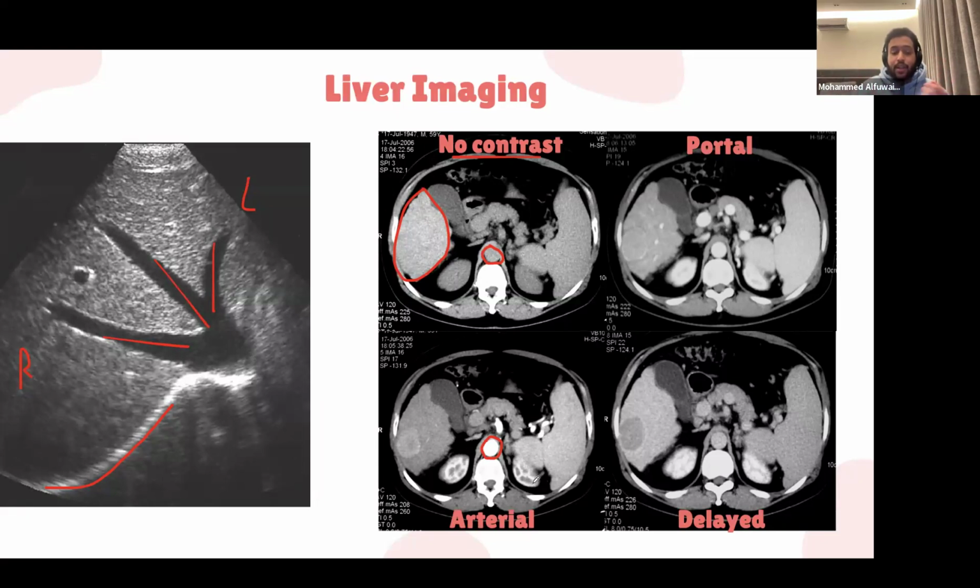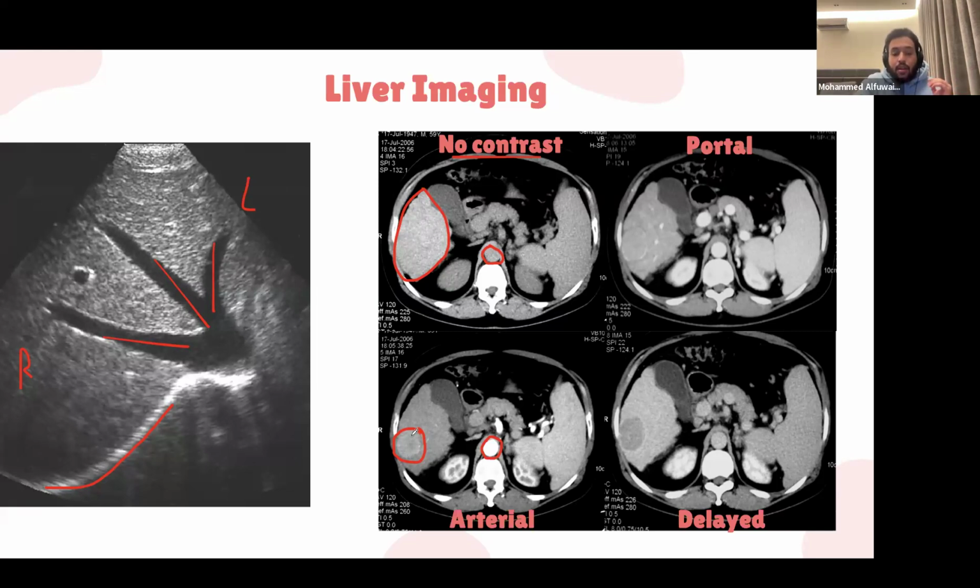It's in the aorta. Then we look into here. You see this mass over here in the liver? It's enhancing with contrast, okay? That means that this mass has arterial blood supply. This is what this means, okay? That the blood is going to this mass and it's enhancing. It's hyperdense compared to the surrounding liver.